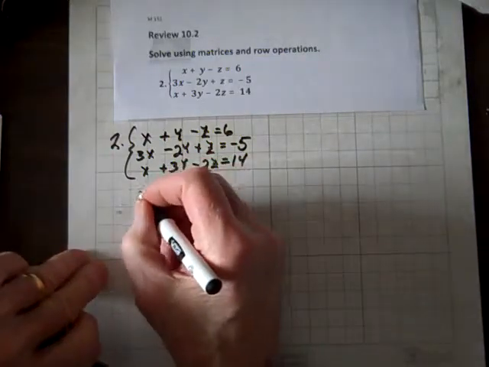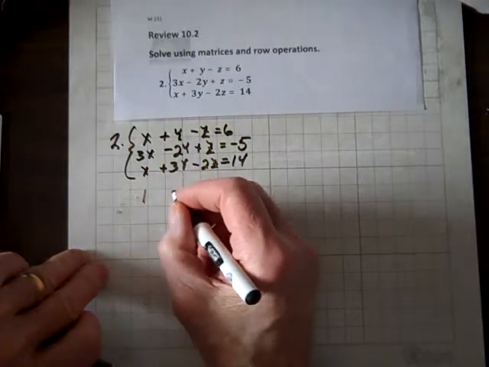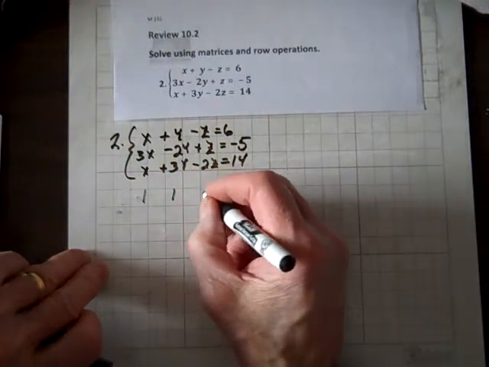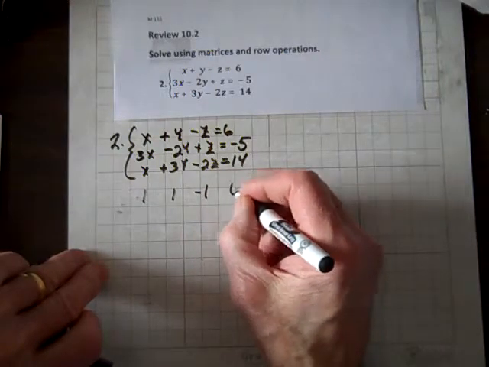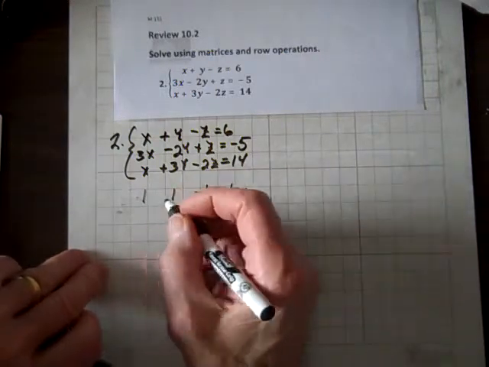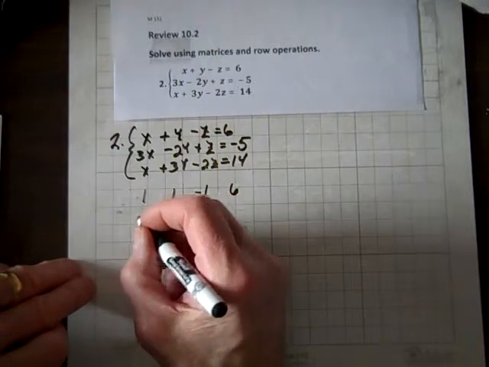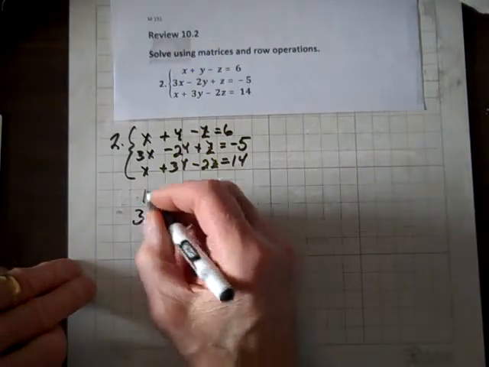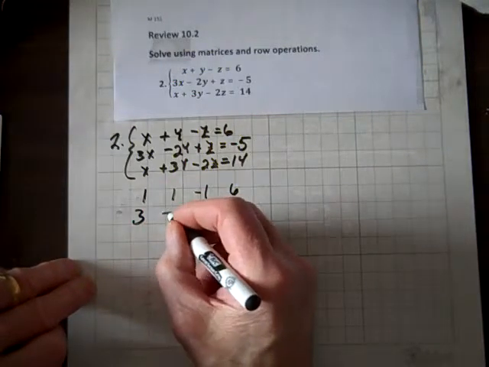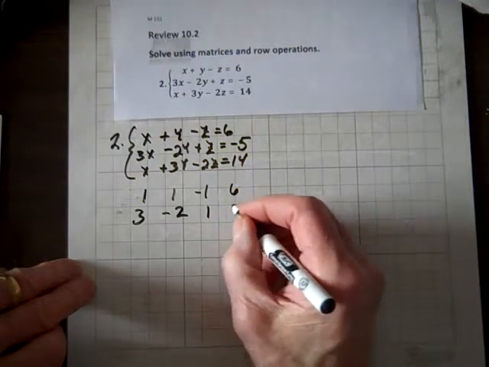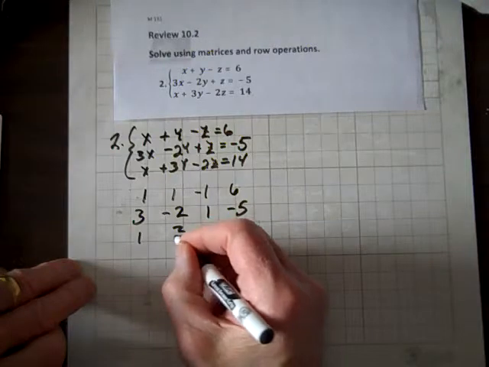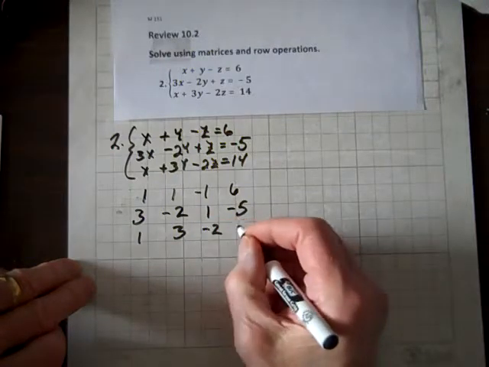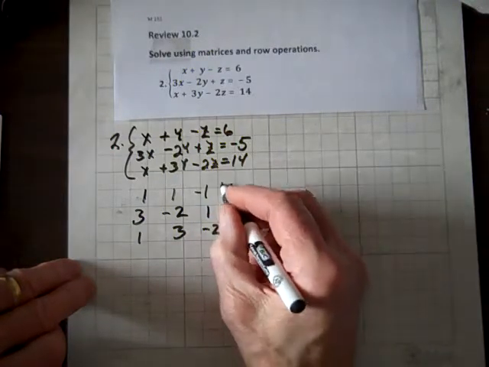So first, let's construct the augmented matrix by writing down the coefficients on the variables and the result of the additions and subtractions. Minus 2, 1, and negative 5, and 1, 3, negative 2, and 14.